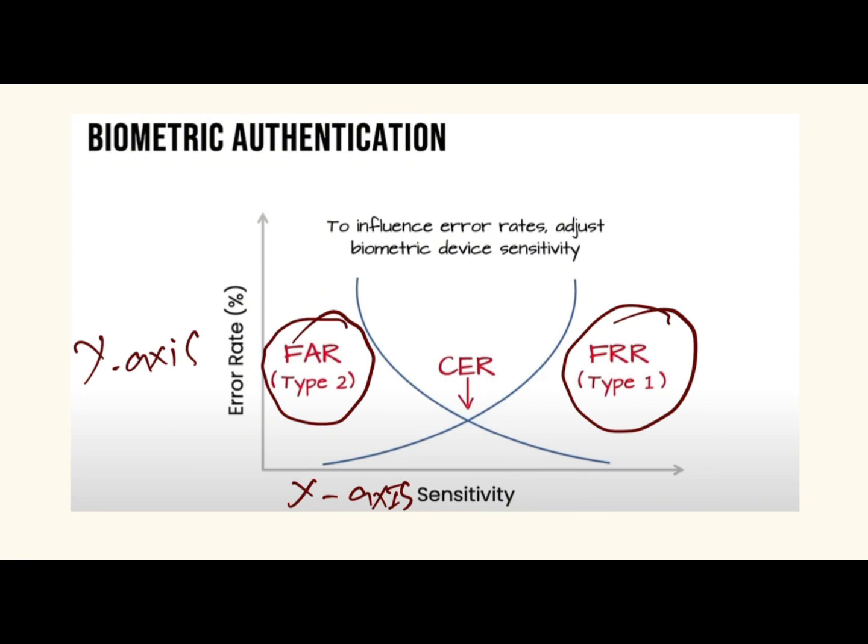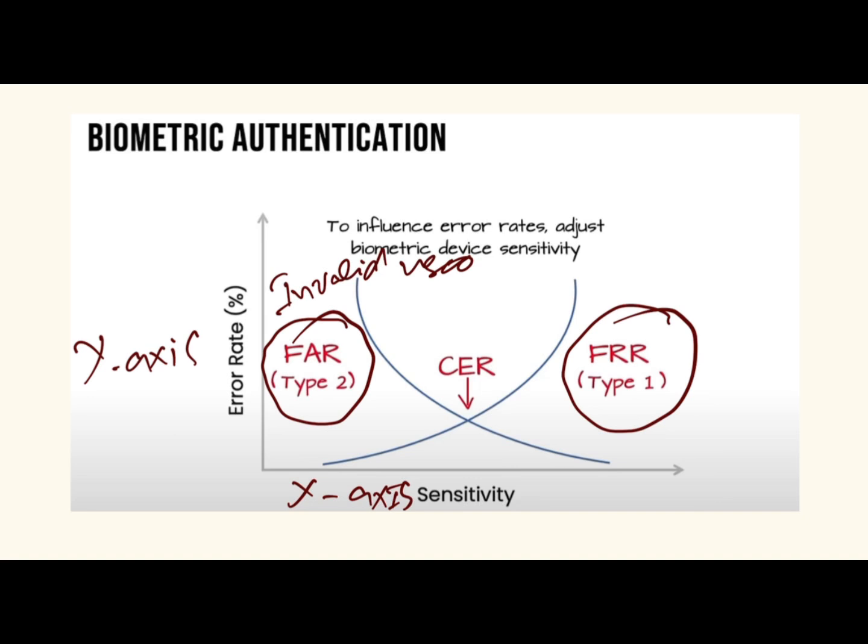So what is false acceptance rate? When invalid users are wrongly accepted, right?